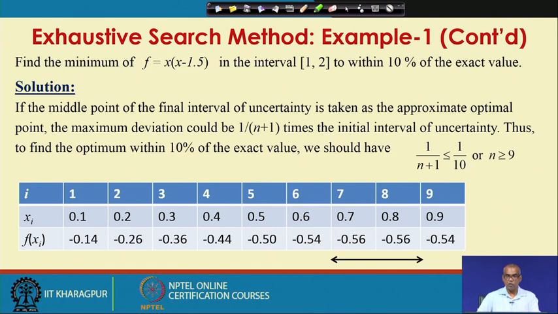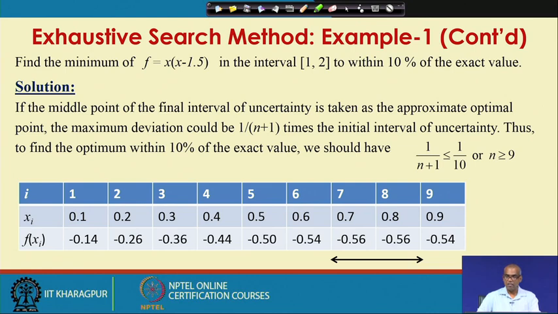Note that the function value is decreasing as x goes from 0.1 to 0.2 to 0.3 to 0.4, and then beyond x equal to 0.8, as it goes to 0.9, the function value increases.